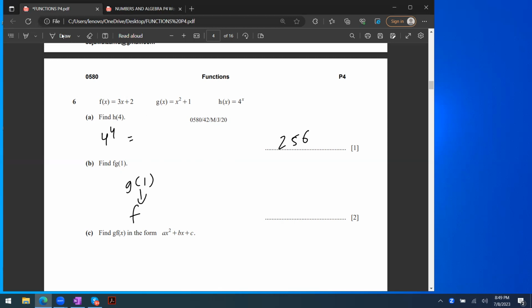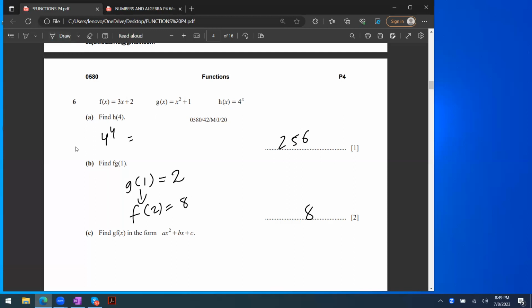Yes, what's the answer? Sir, would you get 8? No, I mean, yeah, 8. Yes, it's 8 because g of 1 is 2, and then you put f of 2. f of 2 is 3 twos are 6 plus 2, 8.